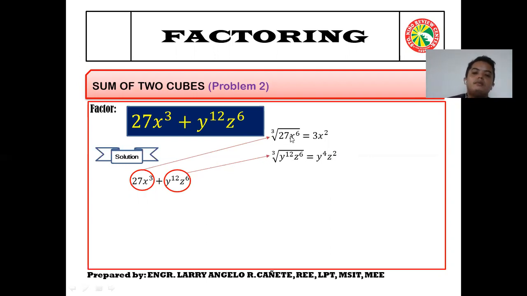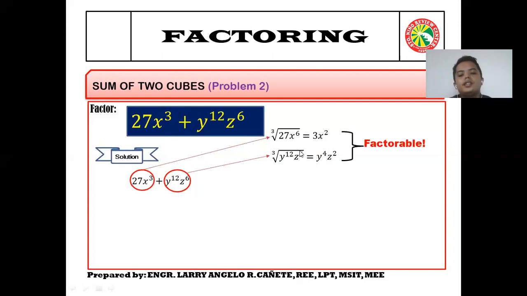Likewise, same with x6: 6 divided by 3 is squared. But for the constant, you check what is the cube root of 27. So familiarize yourself also with the cube root of 8, of 125, then cube root of 27, and so on and so forth.